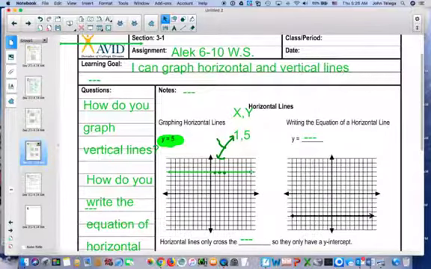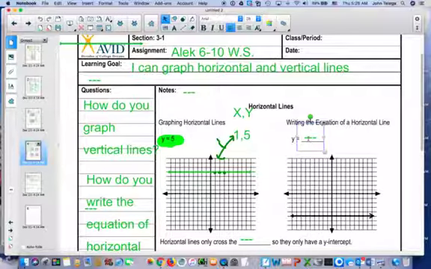So they're all 5s across this way. All these points are 5s, but it only crosses the y-axis at 5, right? 1, 2, 3, 4, 5. Boom, there it is.